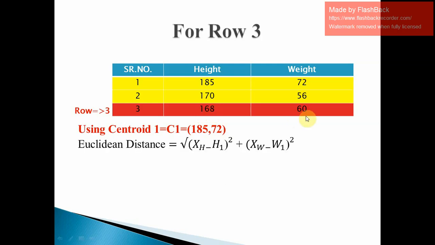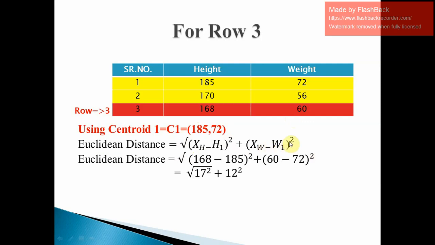Using the same formula, square root of (xh minus h1) square plus (xw minus w1) square. xh is the observation value of variable height, so xh will be 168 because this is the observation value, and h1 is the height value from the centroid. So h1 will be 185.